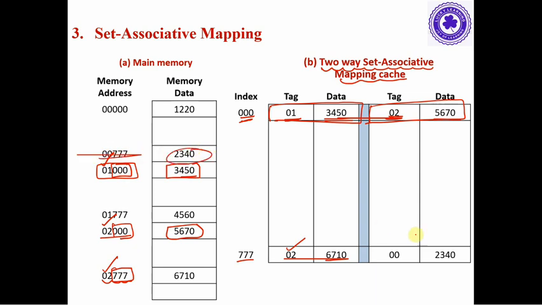This is the word 2340, stored in the index 777 with a tag of 00. It means each cache word is storing two memory words. That's why we call it a two-way set associative mapping cache. And this can be extended to k-way set associative, meaning k memory words can be stored together in a cache word.